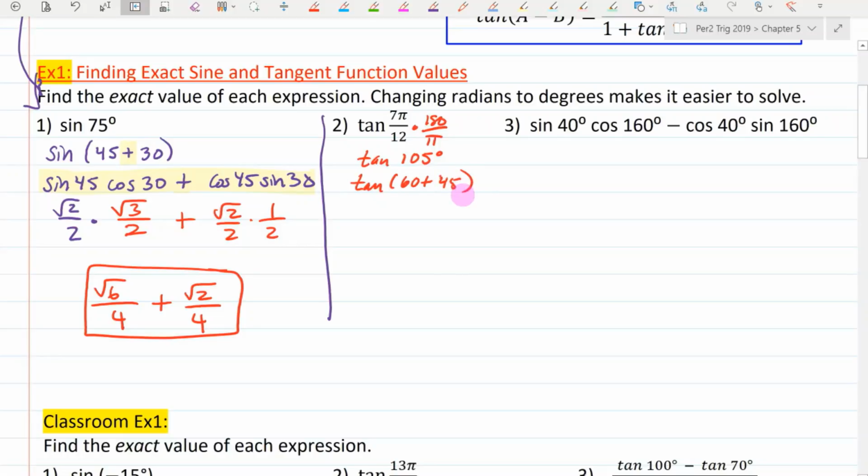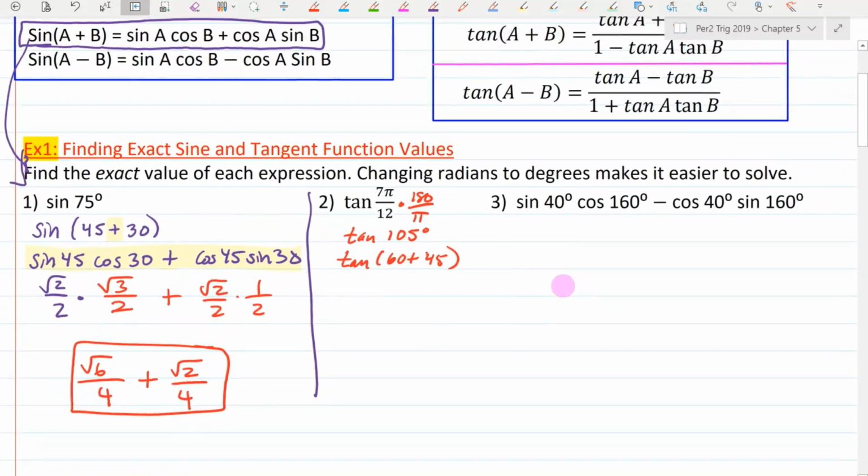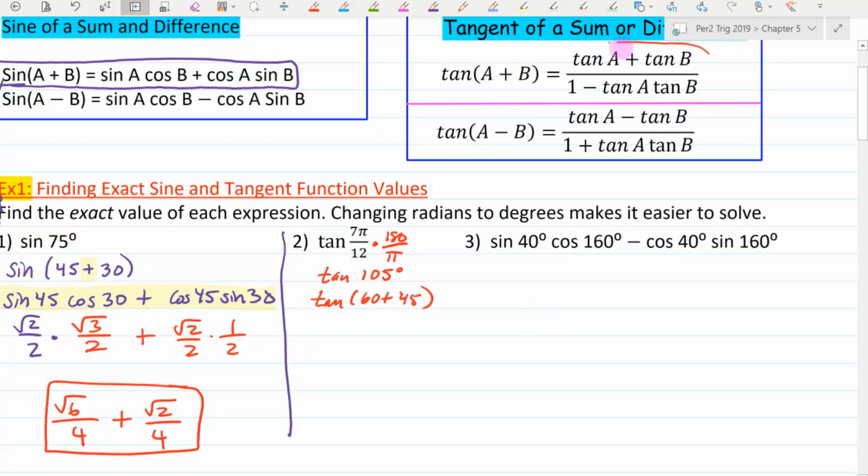All right, so for the tangent of 60 plus 45, we're using this formula: tangent A plus tangent B. So tangent of 60 plus tangent of 45. On the bottom, it's 1 minus these two multiplied together, so tangent of 60 times tangent of 45.